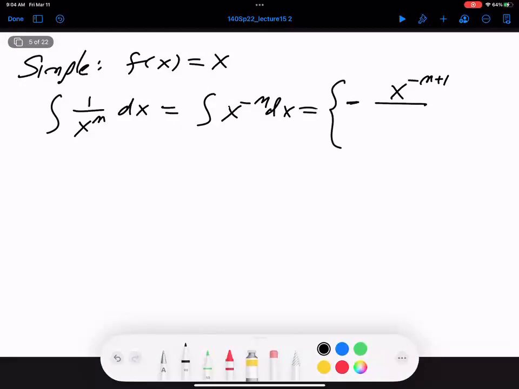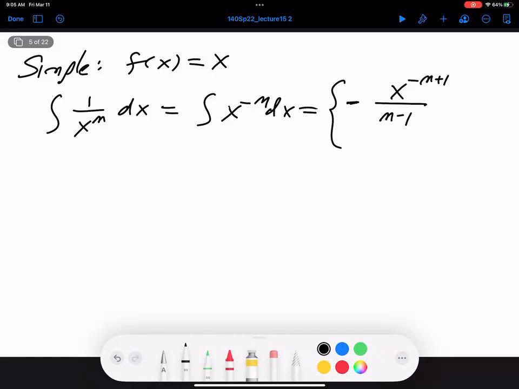Negative m plus 1. Because now when the exponent comes down, it's going to cancel that. But if I'm actually writing negative m plus 1, I don't need the negative sign outside. So if I want to pull out the negative sign, it would then just be m minus 1. You want the minus sign. Or if I want to get rid of the minus sign, doesn't really matter.